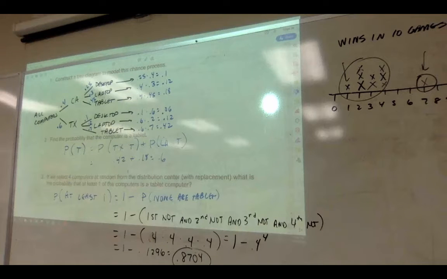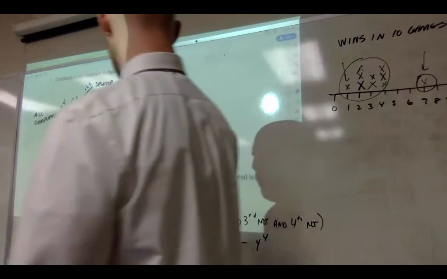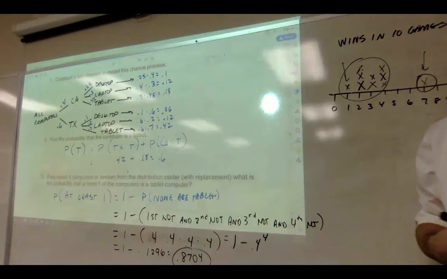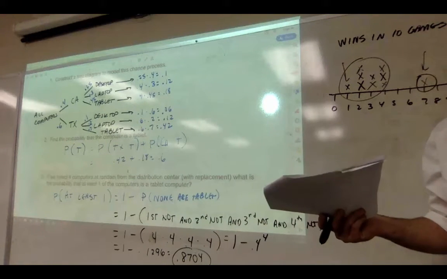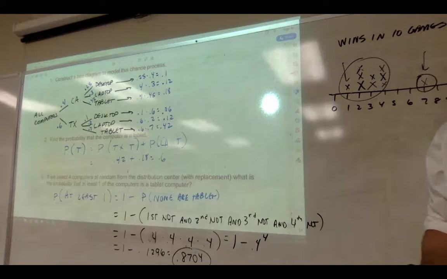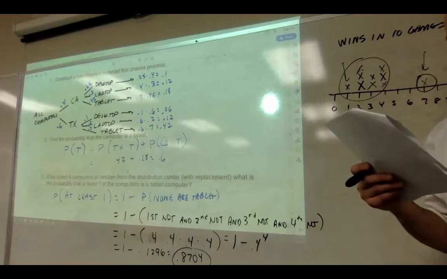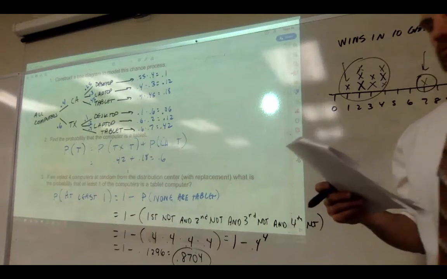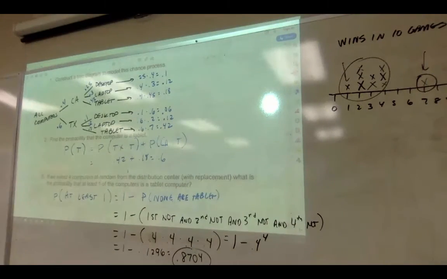Well, that's what I got when I did the whole thing. But you can't do the whole thing at once, so do 0.4 to the fourth, and then 1 minus that answer. We got 0.0296 instead of 0.0256. Because 16 times 16 is 256.